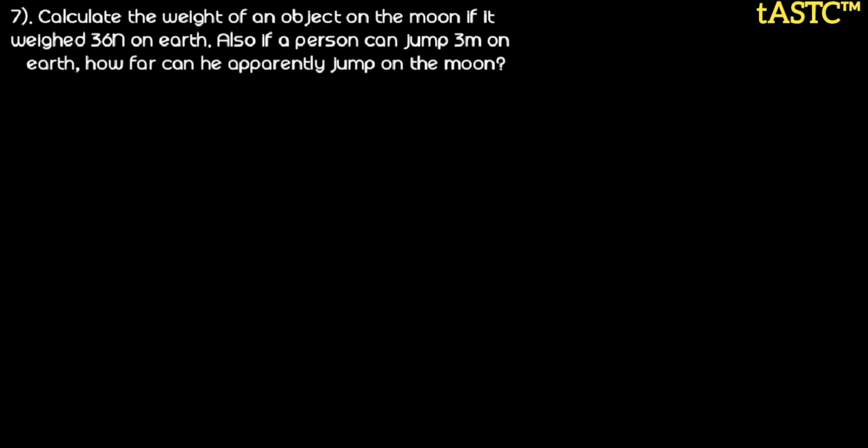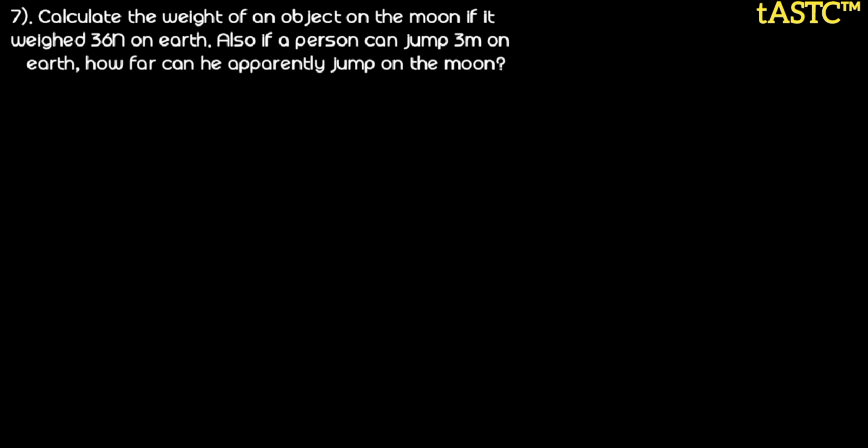So now this is the 7th question. It says, calculate the weight of an object on the moon if it weighed 36 newtons on Earth. Also, if a person can jump 3 meters on Earth, how far can he apparently jump on the moon?